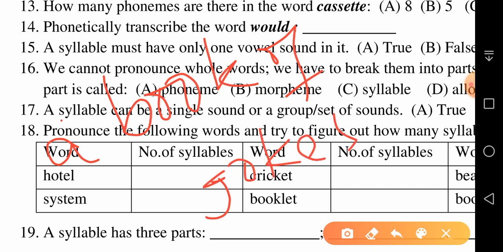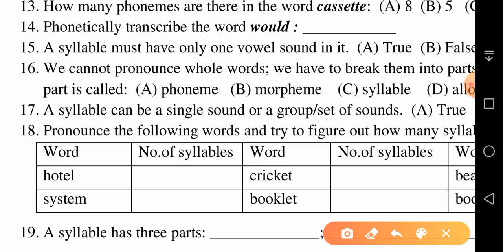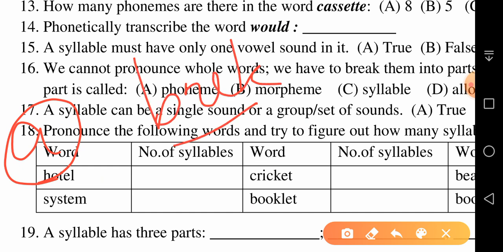Now, this is a word. When we say a, this is a syllable. Book, it's a syllable. Of, a syllable.